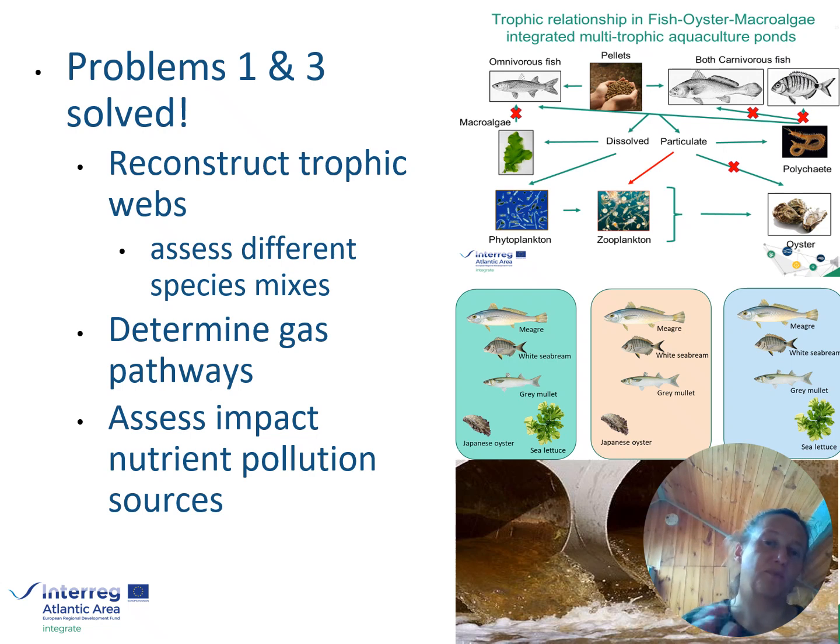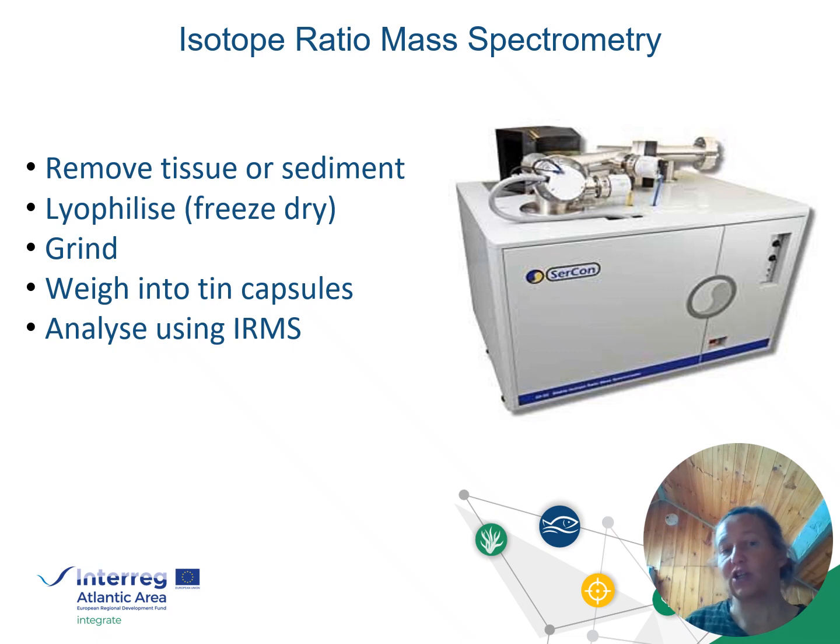So those problem areas 1 to 3 have now been solved in that we can reconstruct trophic webs, we can assess different species mixes, we can determine gas pathways and contributions from different organisms, and we can assess the impact of nutrient pollution sources. But to actually do this on the ground, we'd need to employ isotope ratio mass spectrometry.